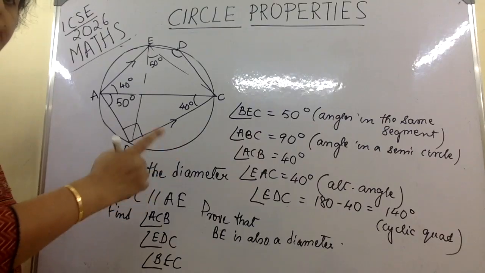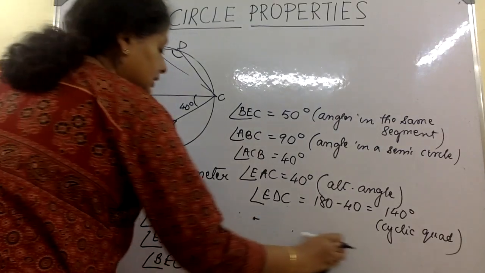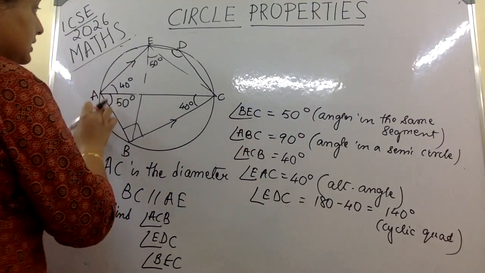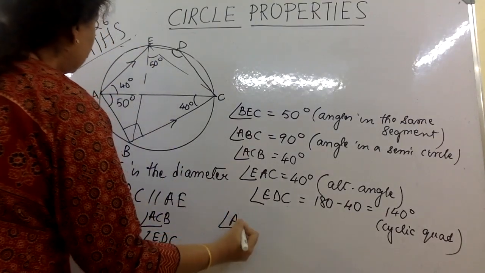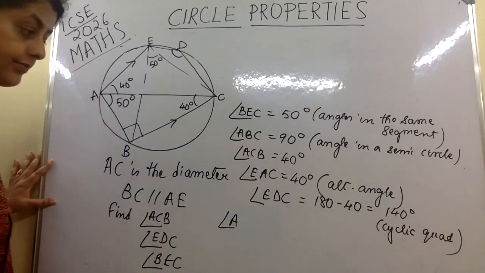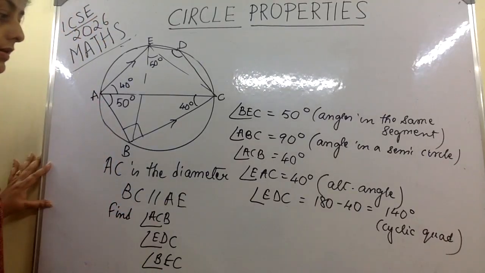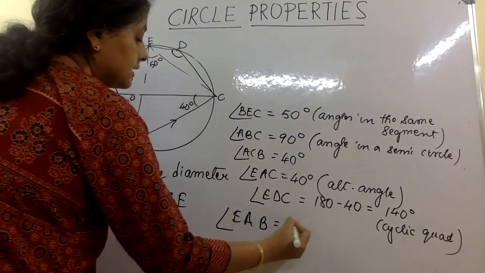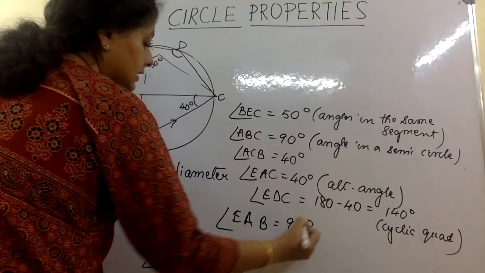One more question they have told, prove that BE is also the diameter. Now, how do we prove BE is the diameter? The fastest way is that angle EAB is 40 plus 50, which is 90 degree.